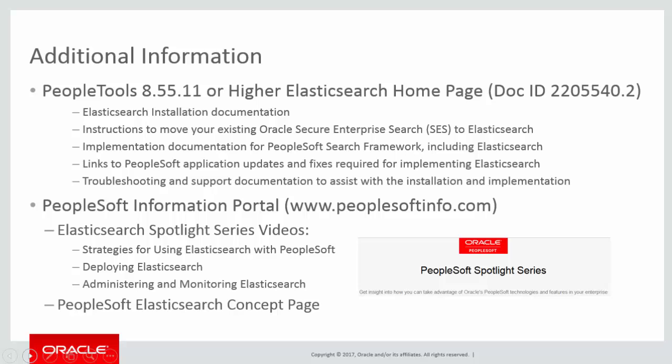Go to the PeopleSoft information portal at www.peoplesoftinfo.com to view the other Elasticsearch videos in this series, already available or coming soon to the PeopleSoft Spotlight Series page. Strategies for using Elasticsearch with PeopleSoft, deploying Elasticsearch, and administering and monitoring Elasticsearch. You can also find additional information on the PeopleSoft Elasticsearch concept page.